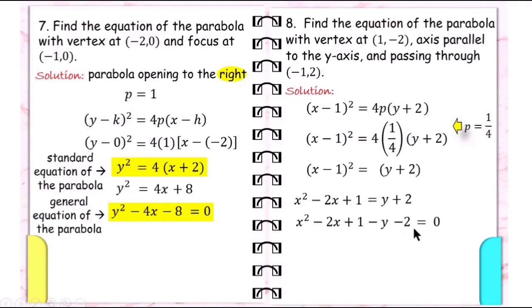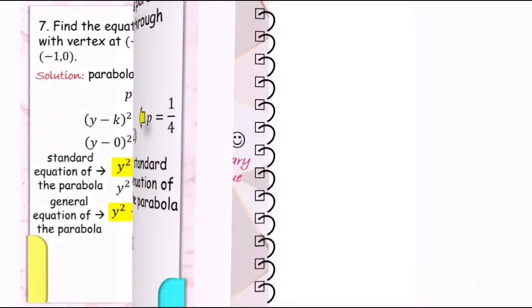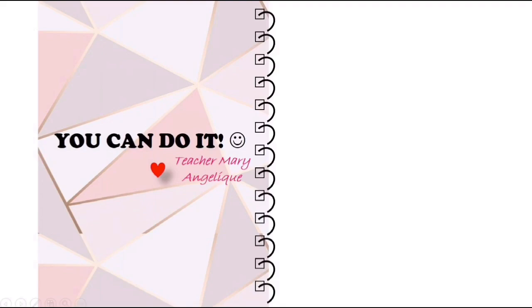Combine the constant terms, this will become, just copy, x squared minus 2x minus y, and 1 minus 2 is negative 1, equals 0. And this is the general equation of the parabola, while this is the standard equation of the parabola. So that is all about parabola with vertex not on the origin.